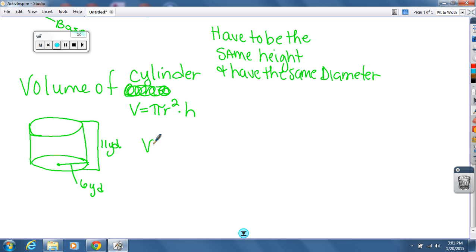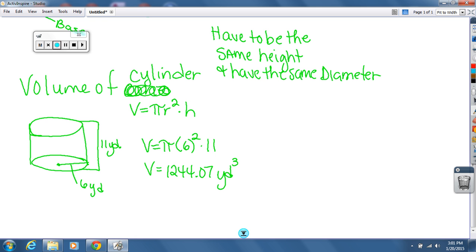So if I take my volume, pi, plug in my radius, which is 6, and my height, which is 11, I can put that in my calculator and solve it and get an answer of 1244.07. Now volume is cubed, it's 3-dimensional, so your unit of measure should have a 3 on top of it. Okay, so that's pretty easy. All that is just filling into the formula.